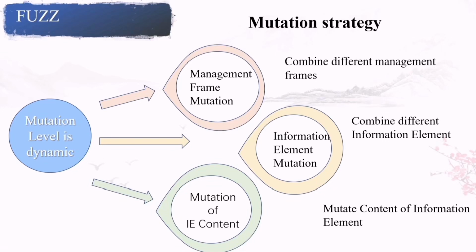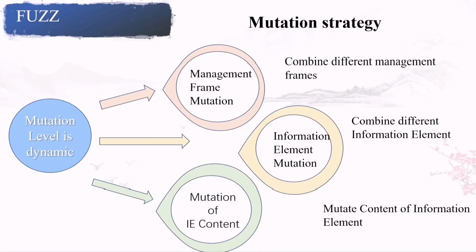The dynamic mutation degree in the left graph acts on the 3 types of mutation strategies in the right graph, which makes our mutation strategy more flexible and able to test both widely and deeply. By management frame mutation, we mean management frames are sent in an ordered or unordered manner.